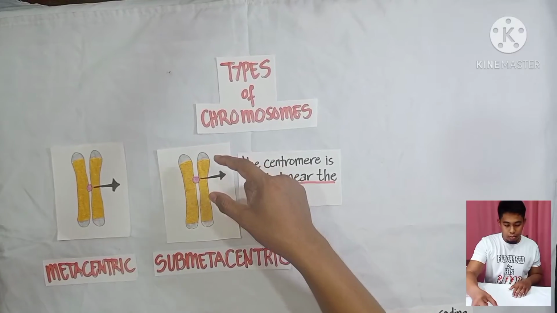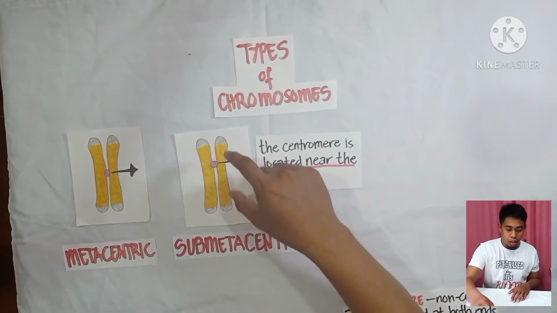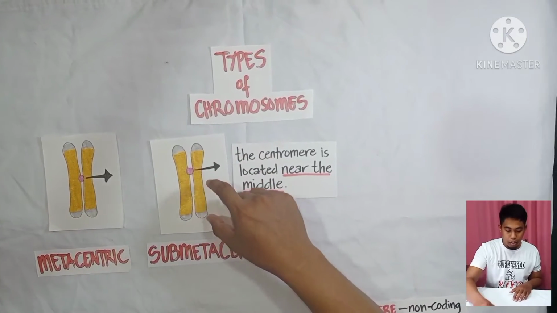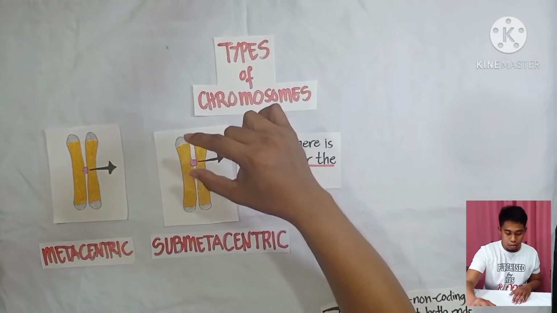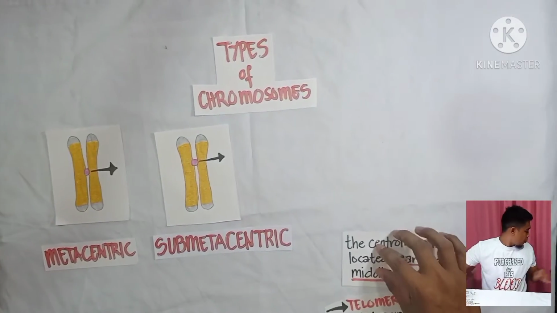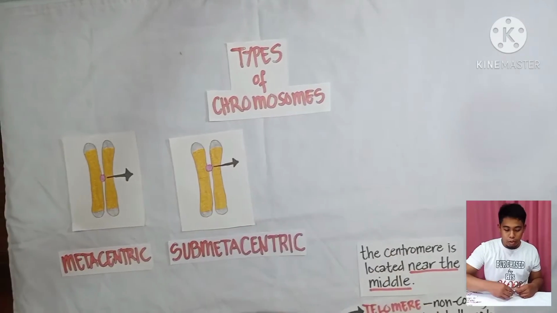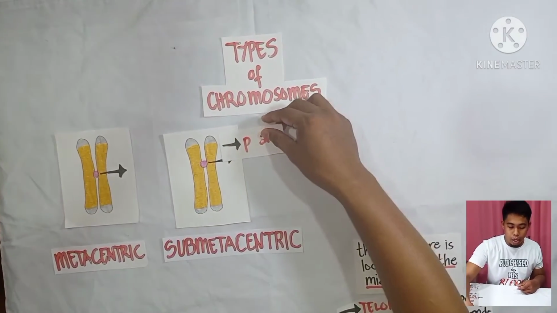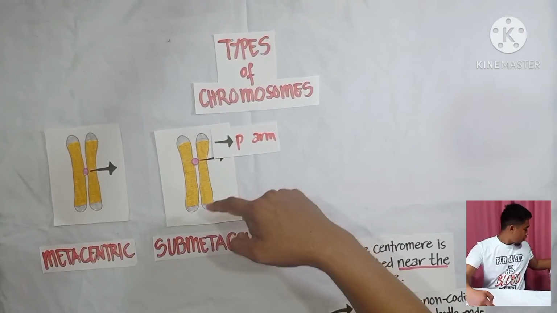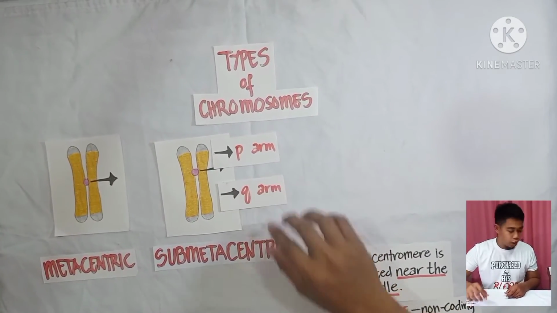It divides the chromosome into unequal parts. The upper part is shorter than the lower part. The short arm of the chromosome is called the P arm, and the longer part of the chromosome is called the Q arm.